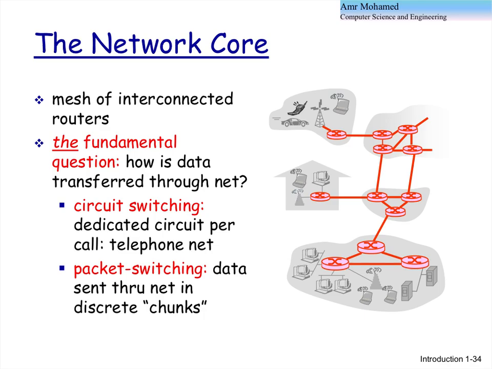So how is data transferred through this core network? Again, as I said before, in the past, we used to have this core network designed for a particular application. That was the concept in the past. For example, we used to have what we call the public switched telephone network. In the public switched telephone network, these are physical switches.